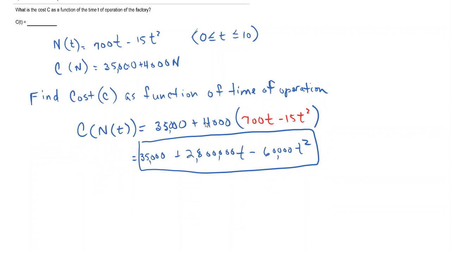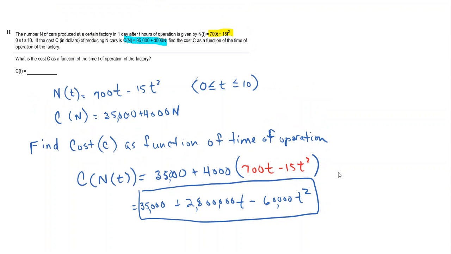So 35,000 plus, and then multiply the 4,000 times that and the 4,000 times that, and you end up with this. This is your function, the cost as a function of time of operation. So those are two application problems where we had to use the idea of composites, and that's just the start of the transcendental chapter.